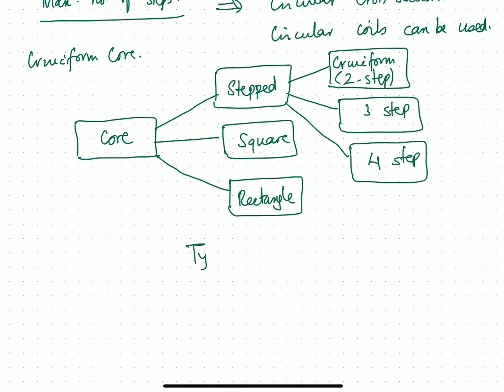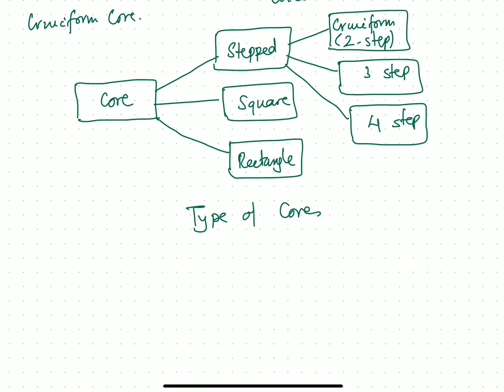So this is in general the classification of the cores. If you have a stepped core of two steps, it's called a cruciform core. Then you call the next core, of three steps and four steps, and so on.